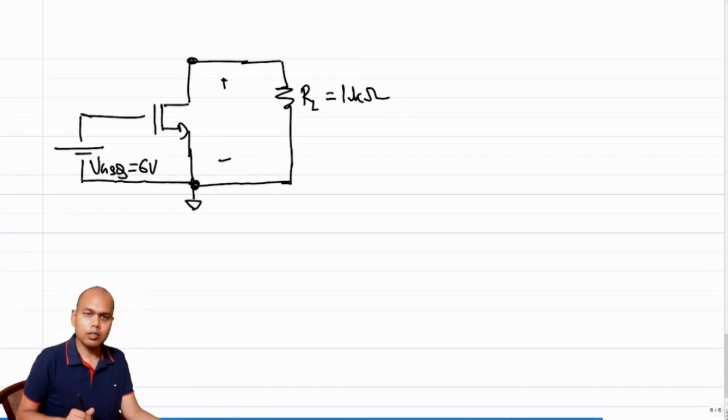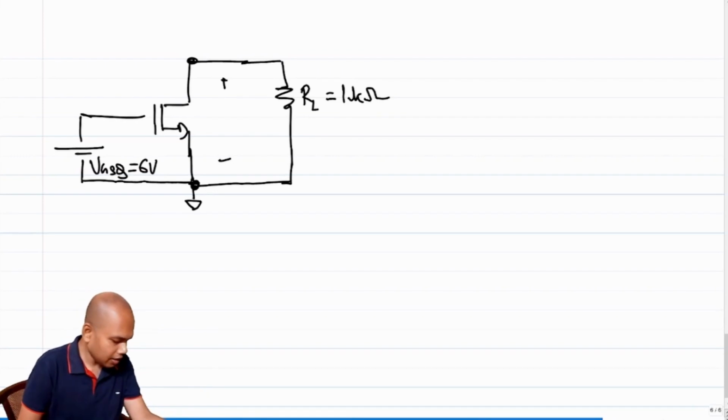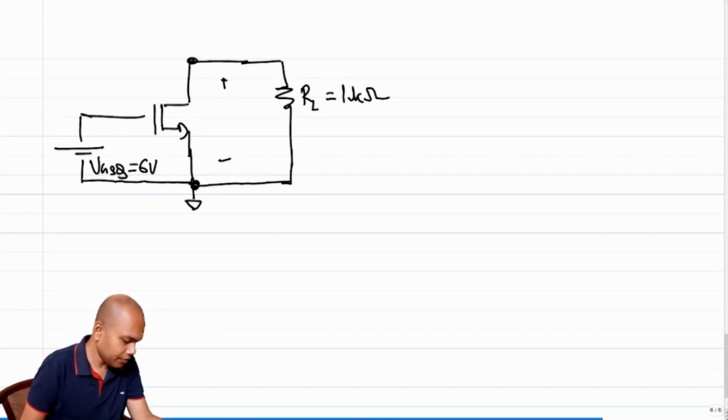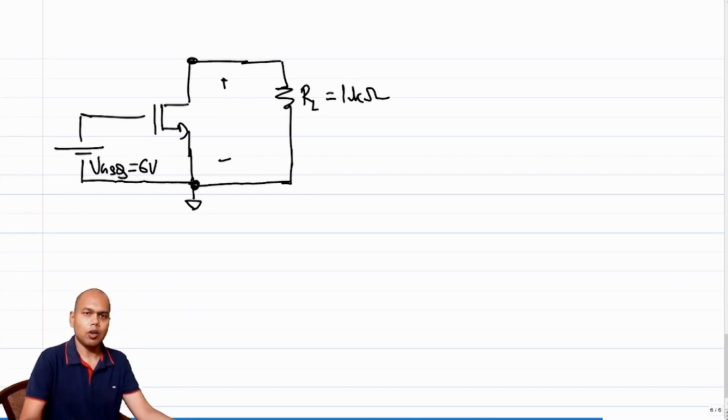Clearly the transistor is on because VGSQ is greater than the threshold voltage. So I have a channel, an inversion. The MOSFET will have free electrons in the channel to be held between the drain and the source junctions.